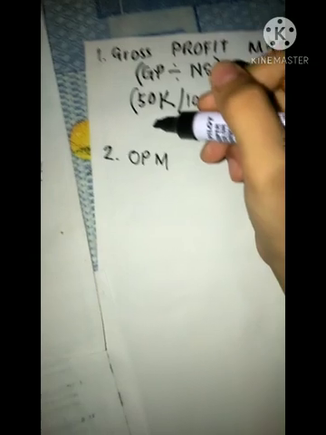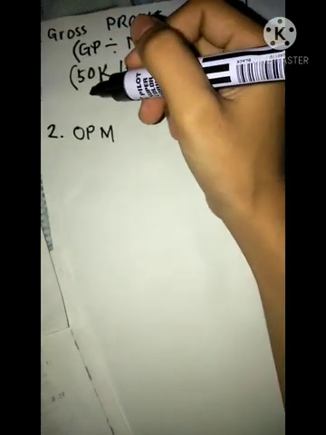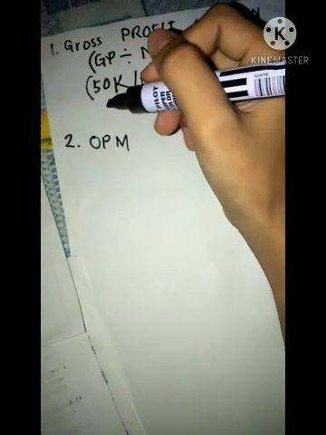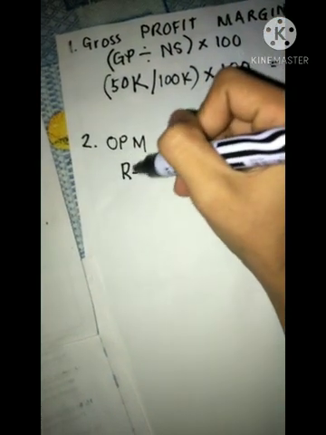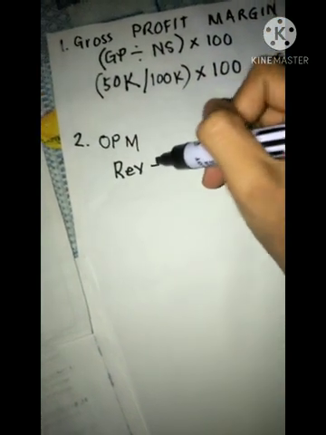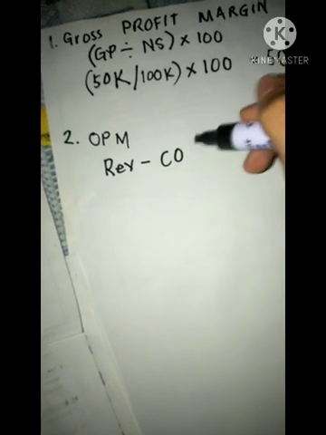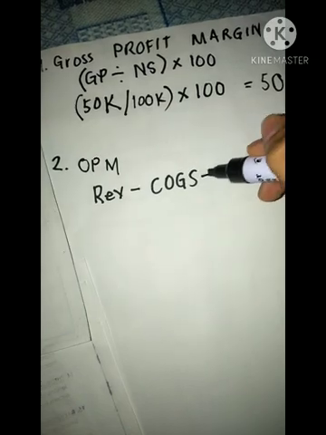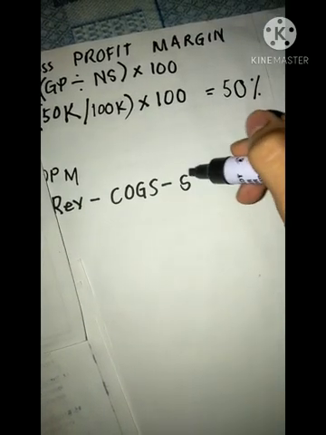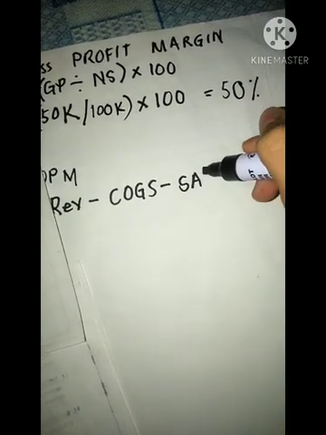Number 2, we will compute for the operating profit margin. Ano pong formula ng operating profit margin? Ang formula ng operating profit margin is revenue less cost of goods sold less salaries and administrative expenses. Okay?